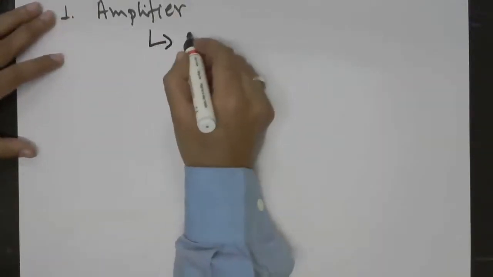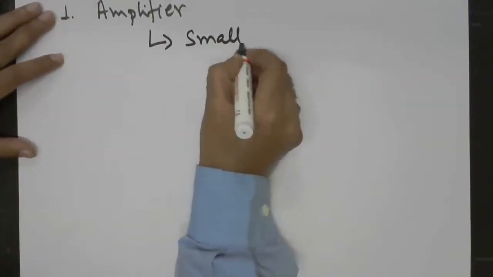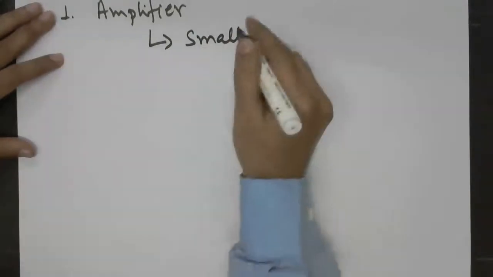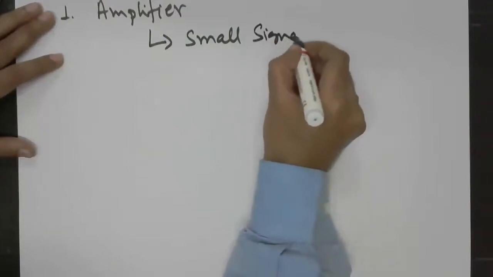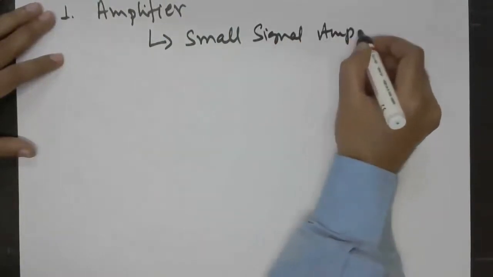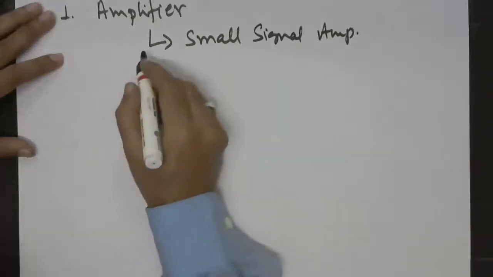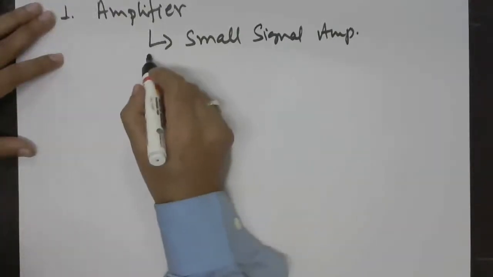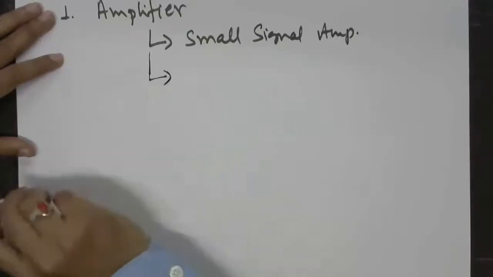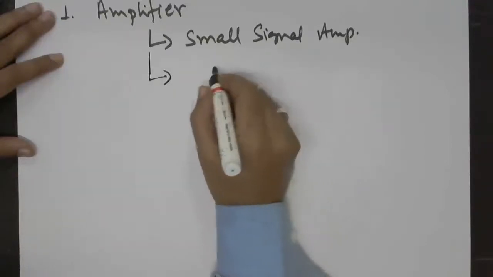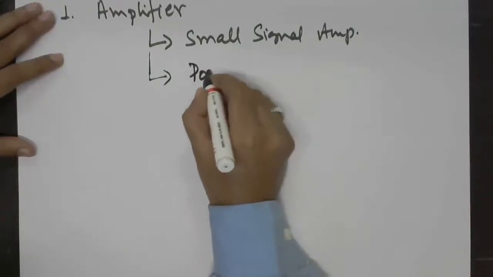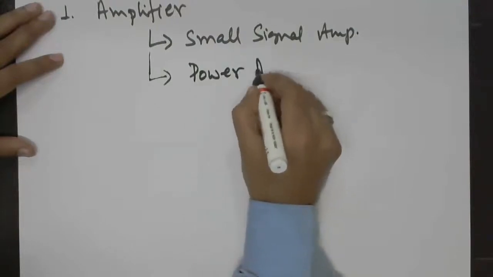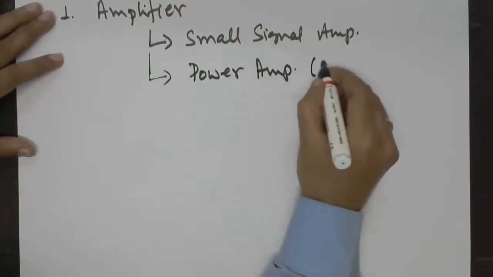So the amplifiers that we will study will be of two natures. One amplifier handles small voltage, so that is why it will be called a small signal amplifier, and this will be on the transmitter side immediately after the microphone, and then there will be an amplifier which will handle large signal or large power. So they are called power amplifiers.